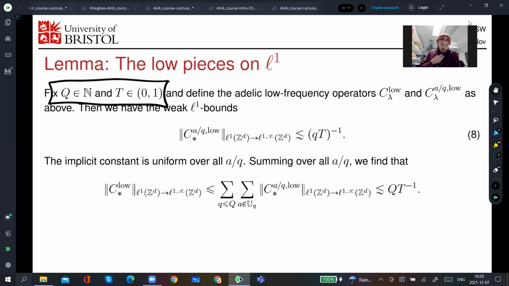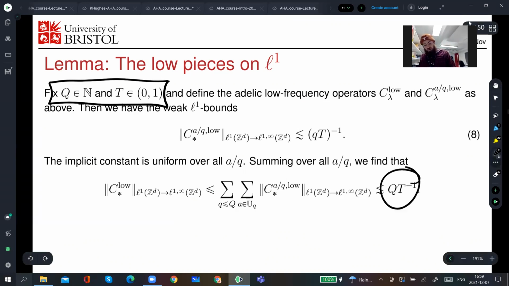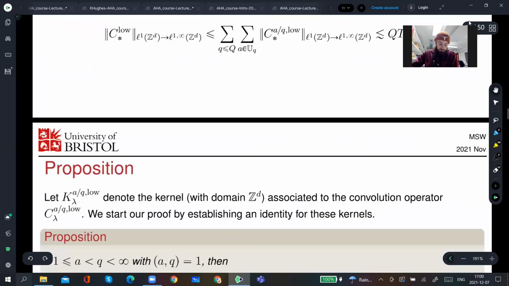And when I sum up over all those low frequency pieces, I get a bound that looks like Q times T inverse, because there are roughly Q squared things to sum up over, and I'd only saved one Q in this bound right here. Great. Let's see how to prove this.